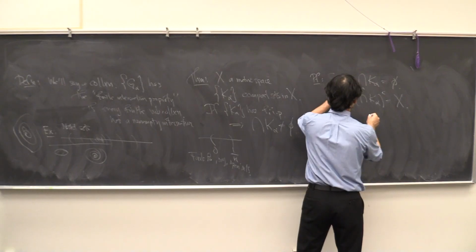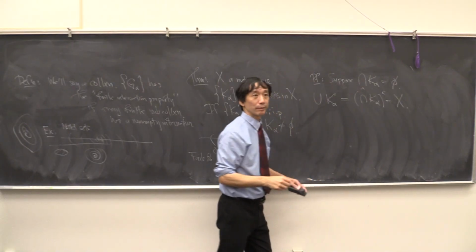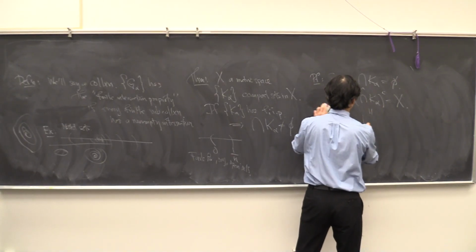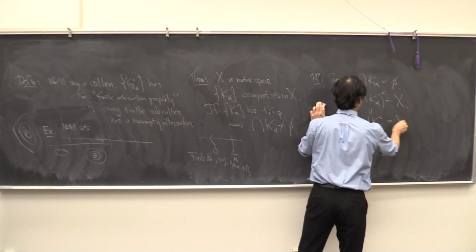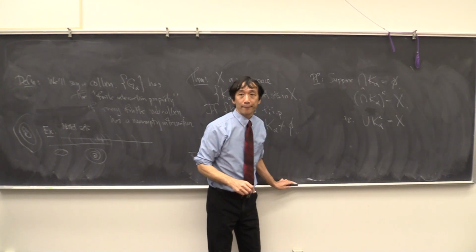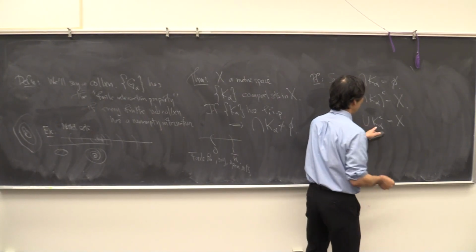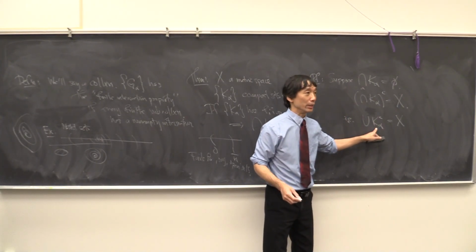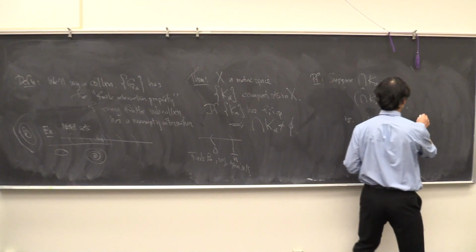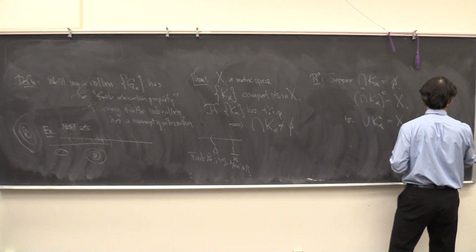But the complement of the intersection is the union of the complements, by De Morgan's laws. Each of the compact sets, remember, is closed, so their complements are open, and so we have an open cover of the whole space. We have an open cover of X.